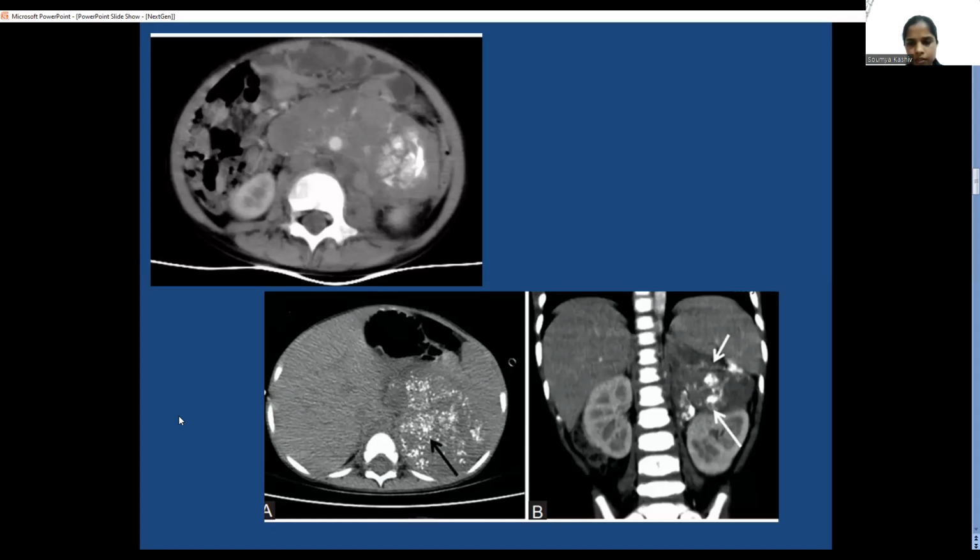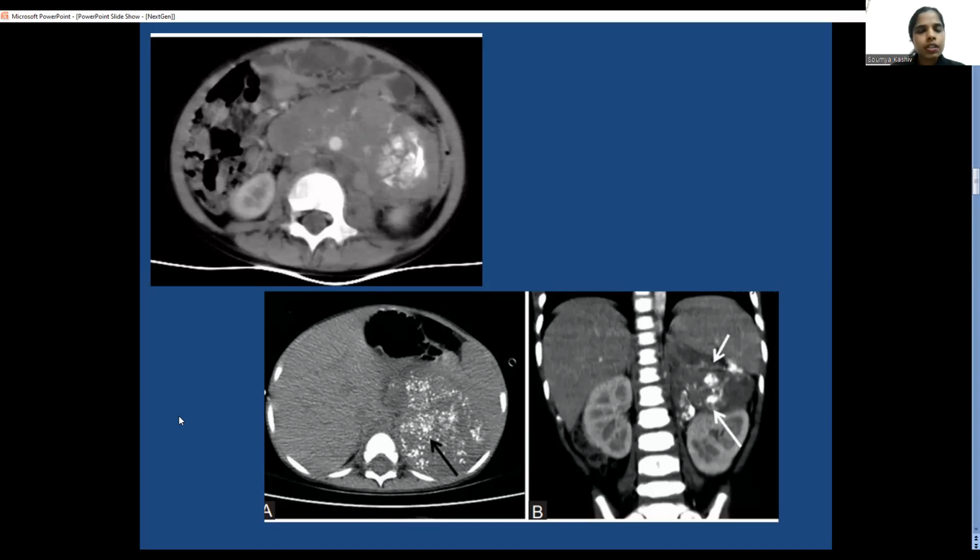Yes, sir. So I am seeing a CT abdomen showing axial and coronal sections. Different scenarios, not one patient, different patients.